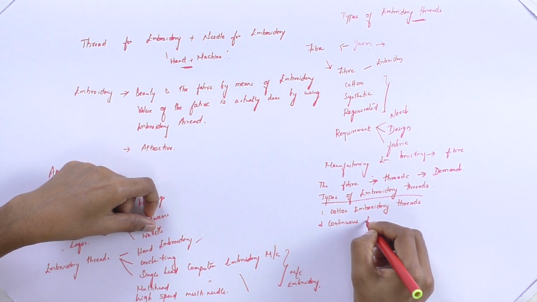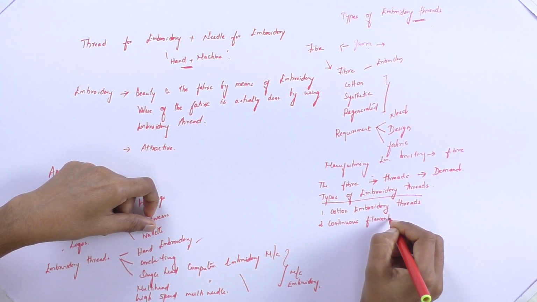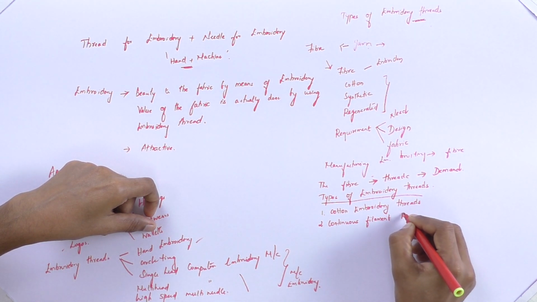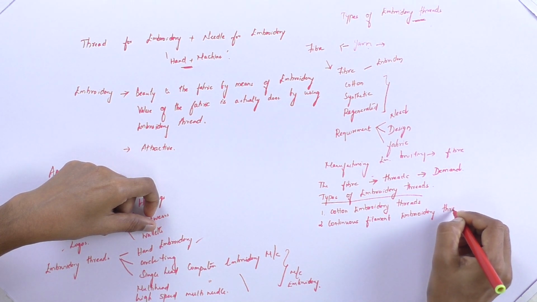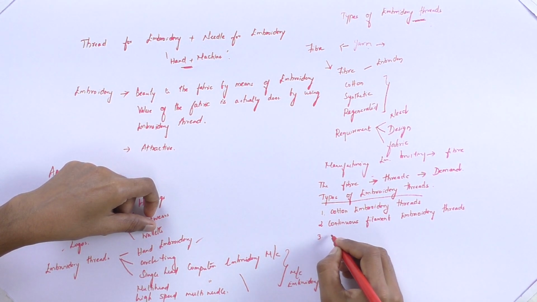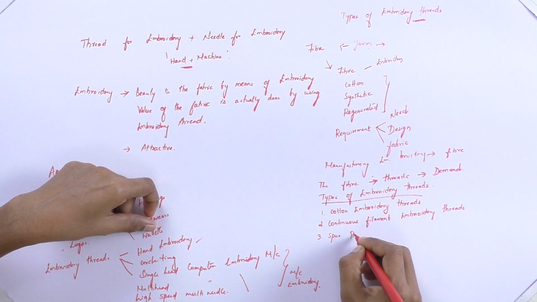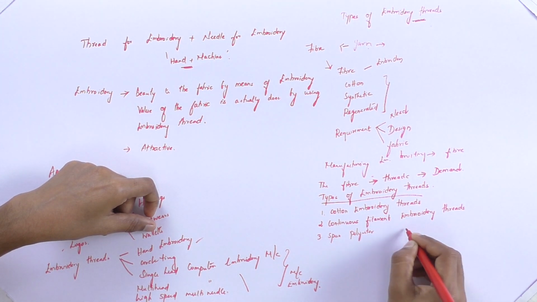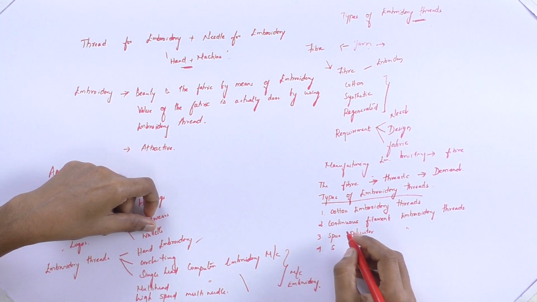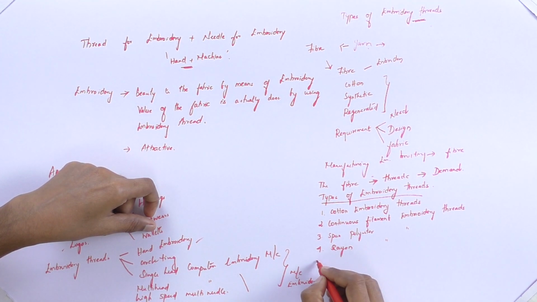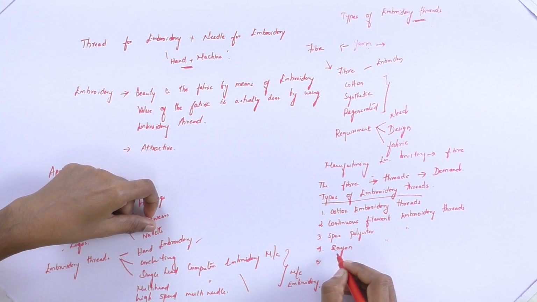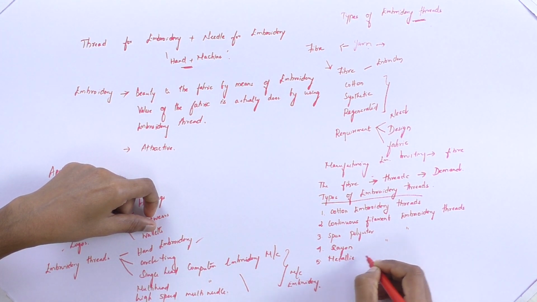Continuous filament embroidery threads, spun polyester embroidery threads, and we have rayon embroidery threads, and finally we have metallic embroidery threads.